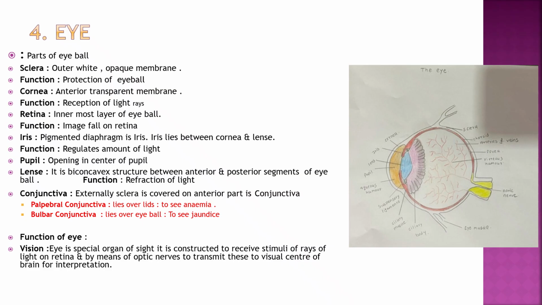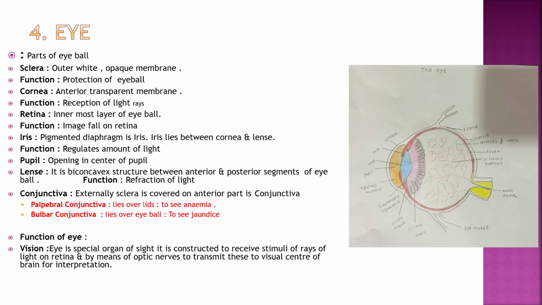Then the conjunctiva, which is external to the sclera, has mainly two parts, palpebral and bulbar conjunctiva. The palpebral conjunctiva over the lids is used to see anemia, and the bulbar conjunctiva over the eyeball, if it becomes yellow, is used to see jaundice.